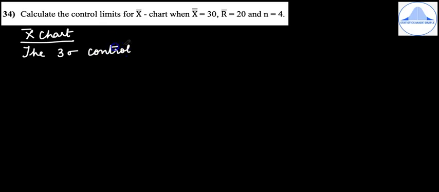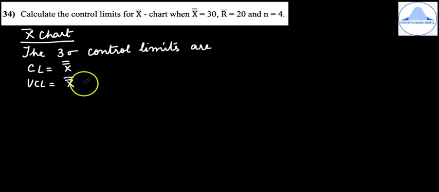The 3 sigma control limits are, so it is CL is equal to x double bar, UCL is equal to x double bar plus A2R bar, and LCL is equal to x double bar minus A2R bar.